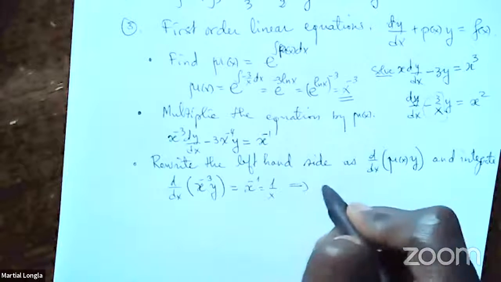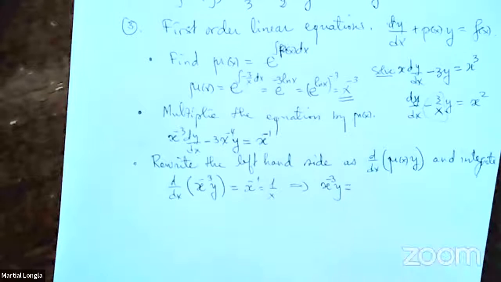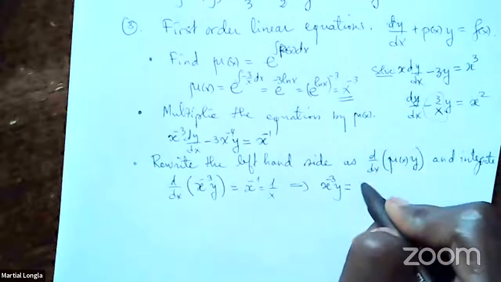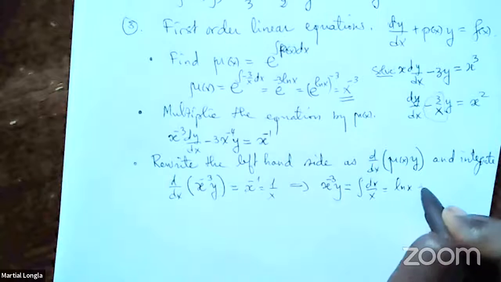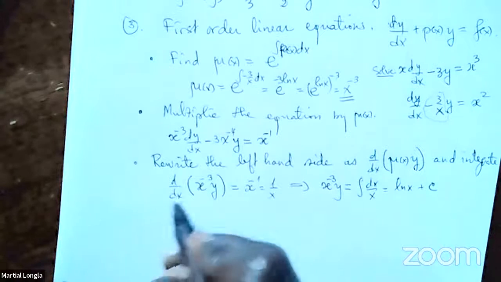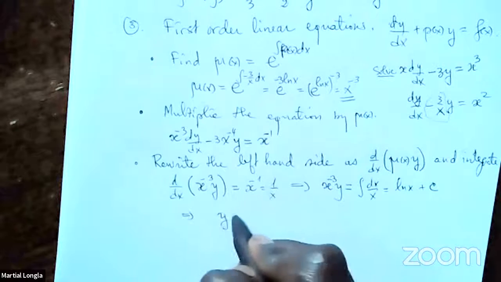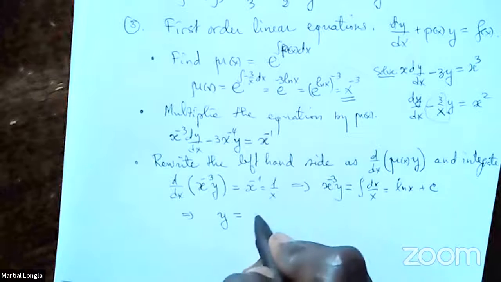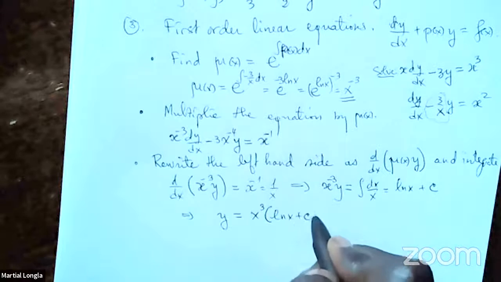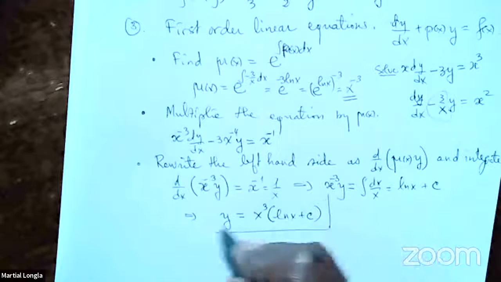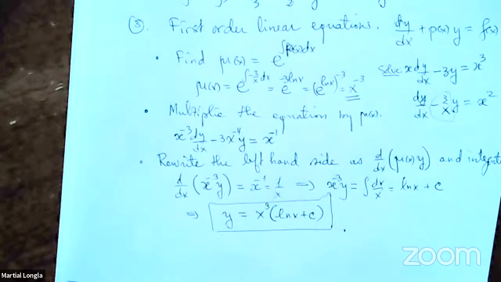And you integrate this, you get x to the minus 3 y equals the integral of dx over x, and that's natural log of x plus a constant. And so you can solve for y. You get y equals x cubed times the natural log of x plus a constant. That's it. That's how you solve a linear problem.